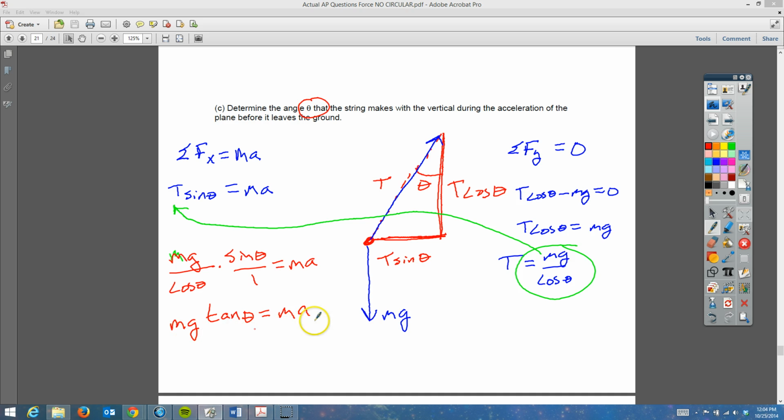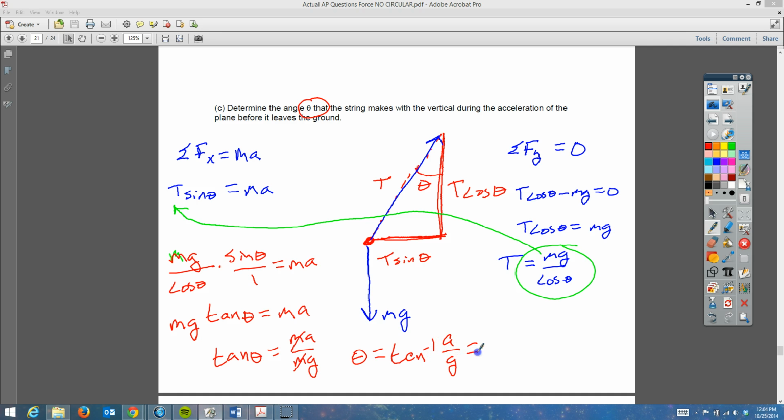And now we can divide both sides by mg, so now we have tangent of the angle is equal to ma over mg. At this point, we can go ahead and just cross off our m's, solve for the angle, so the angle is equal to the inverse tangent of a over g.